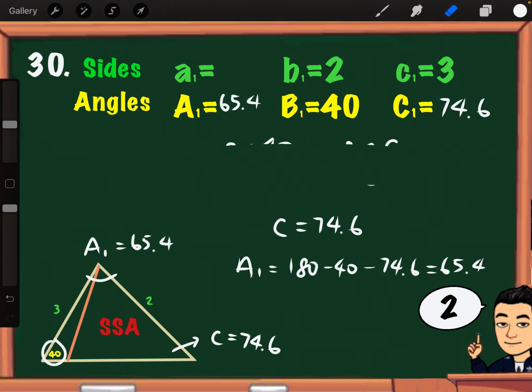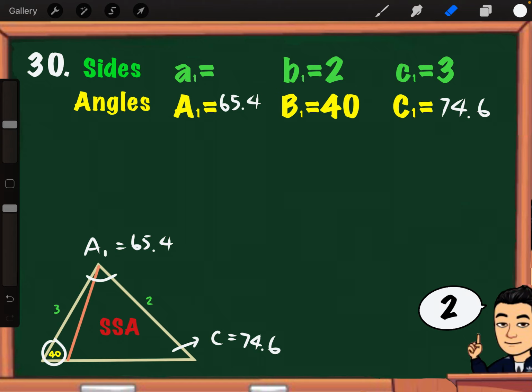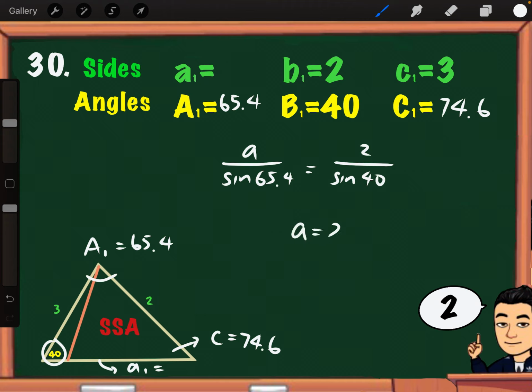Now I'm going to show you how to find the side A. You're just going to use the formula: side A over sine 65.4 is set equal to side B over sine 40 degrees. You should be able to find that A is going to equal 2.82. So 2.82. That's going to be your first solution.